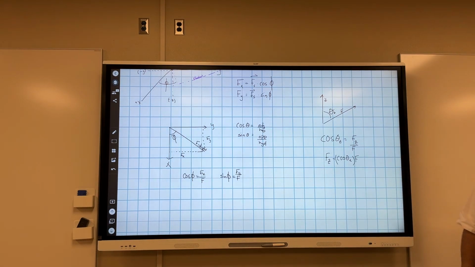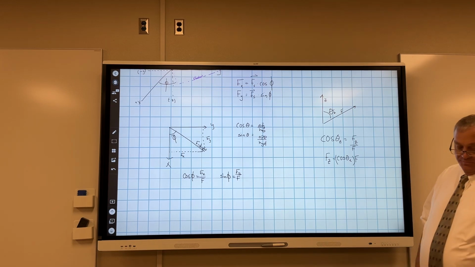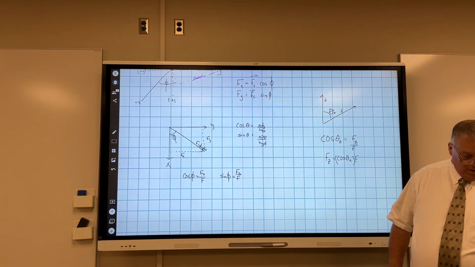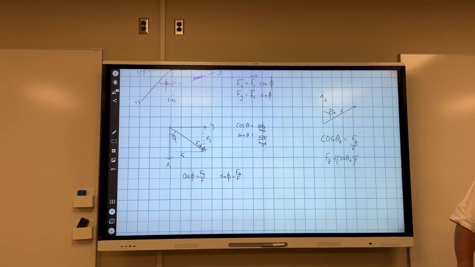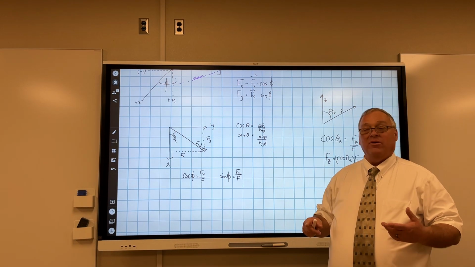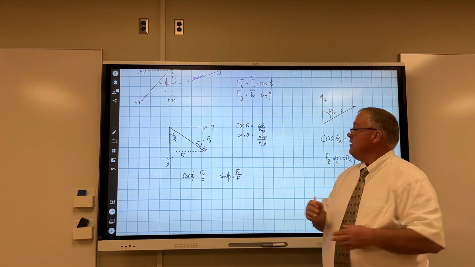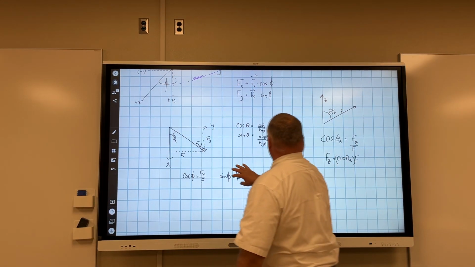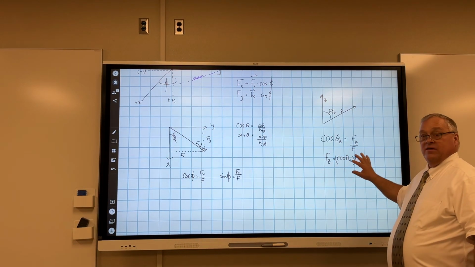So now we've got our three components, right? But what do we know? We don't really know anything. Why do we not know anything? Because these two have to have a relationship to this one.